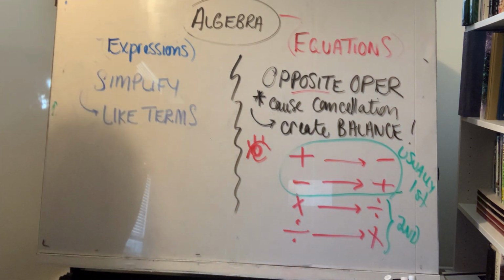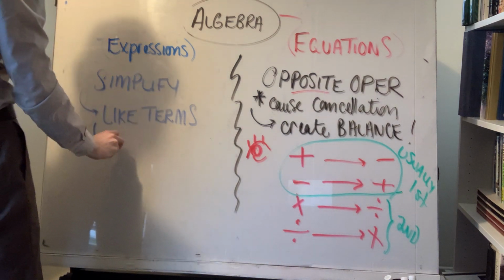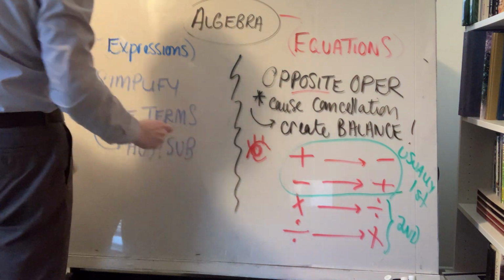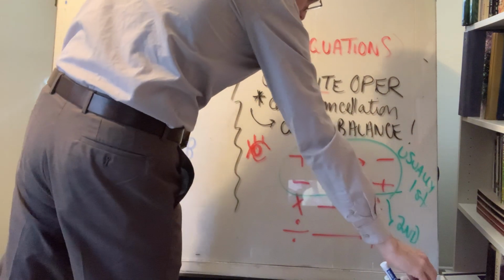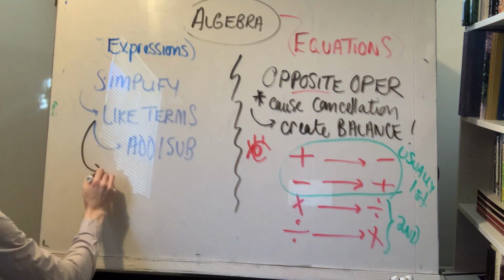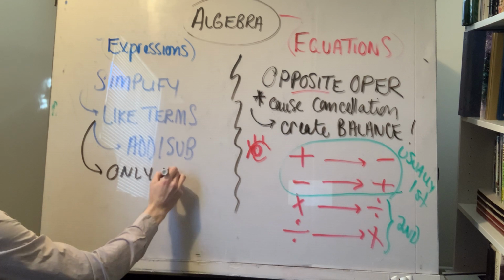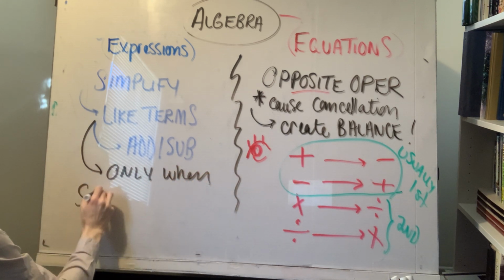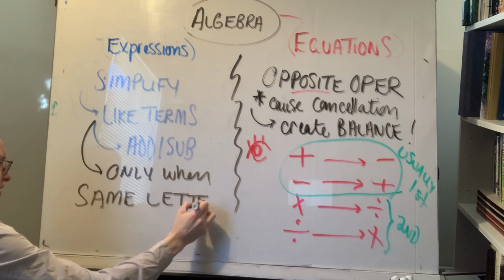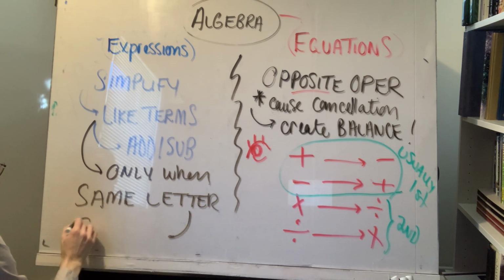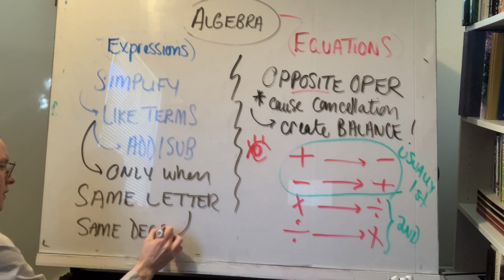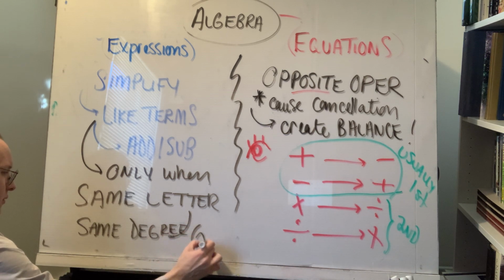When you're simplifying like terms, that usually means that you're adding or subtracting. But you can only add or subtract when they are the same letter, and the letter has the same degree, which is referring to the exponent.